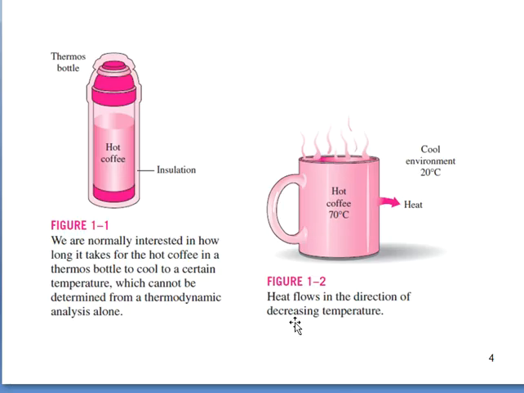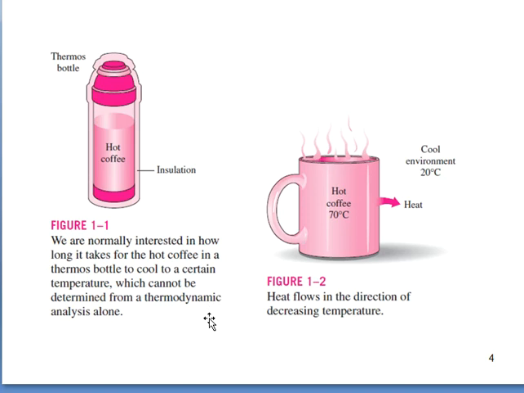Here are examples of heat transfer. Before going to the different modes of heat transfer, we see why heat transfer is required. From the thermodynamics point of view, what can we not determine, and what can we determine from the heat transfer point of view? We are normally interested in how long it takes for the hot coffee in a thermos bottle to cool to a certain temperature, which cannot be determined from thermodynamic analysis alone.